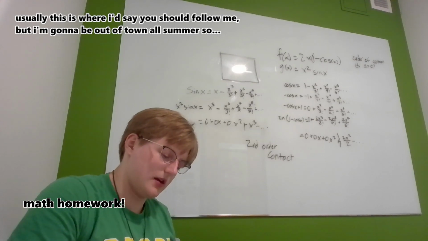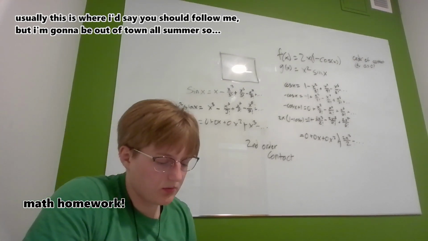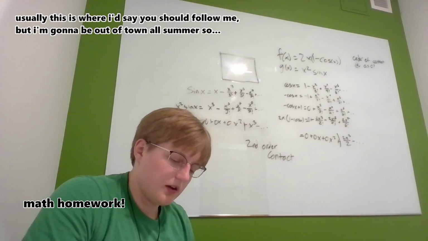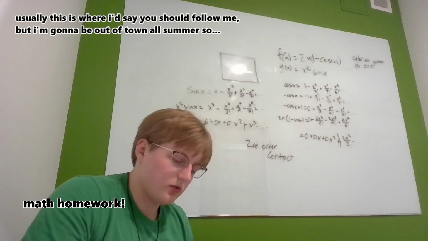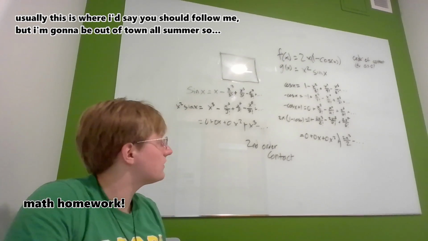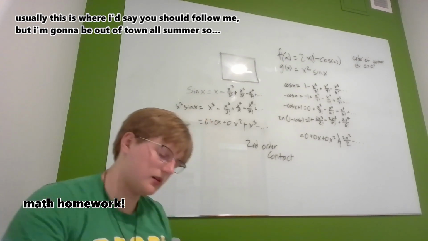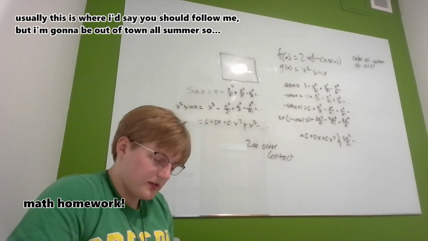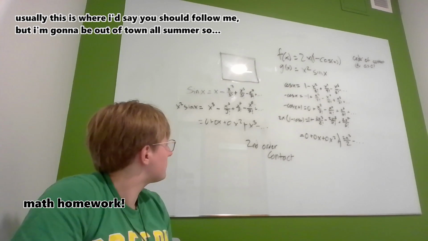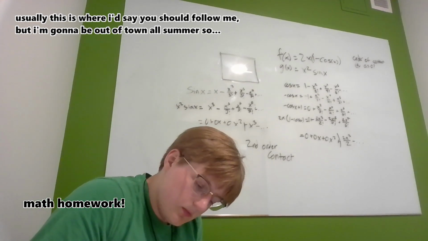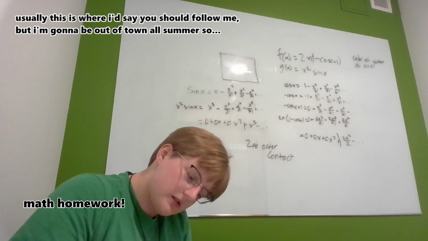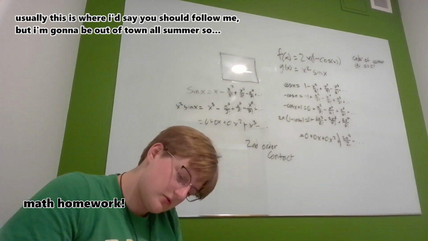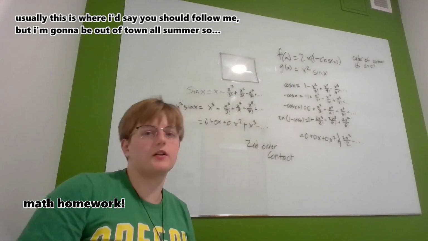And then I'll just have that equals 0 plus 0x plus 0x squared plus 2x cubed over 2 factorial plus dot dot dot. I guess minus dot dot dot equals, let's see, 0 plus 0x plus 0x squared plus x cubed minus dot dot dot. Second order contact.